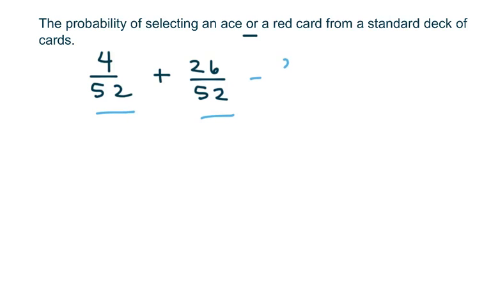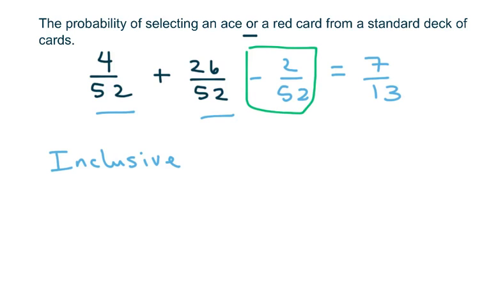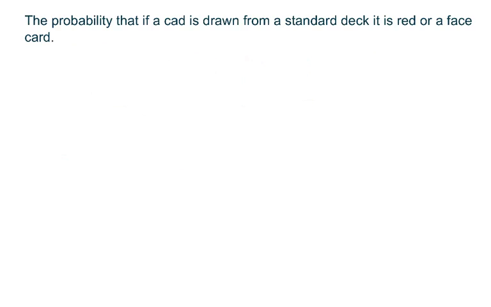So we have to subtract those two out. And when you fix this up, you're going to get 7 over 13. So this is mutually inclusive. It's always inclusive if you have to subtract out the duplicates that you already included in these two, because you counted them twice, basically.